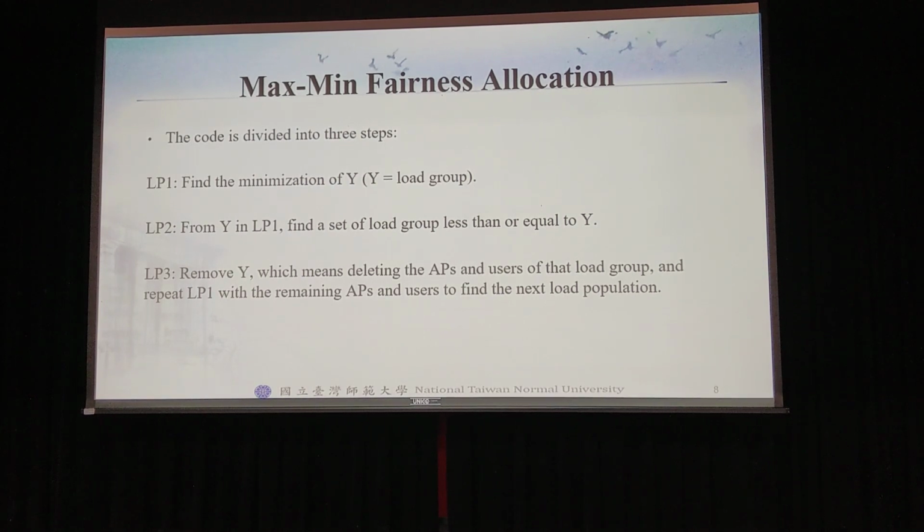This algorithm uses linear programming to find an optimal solution. After removing that optimal solution, it iteratively finds the next best solution and removes it until it cannot be removed anymore.